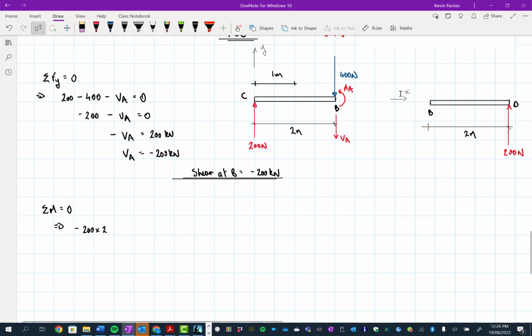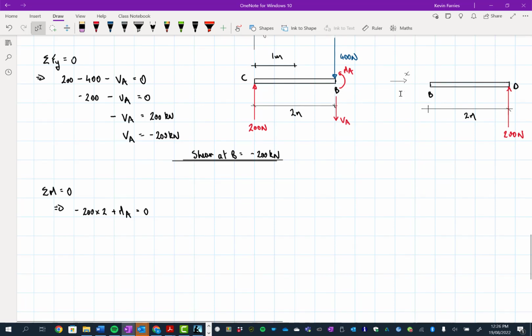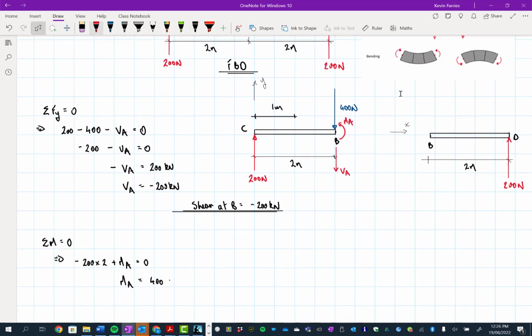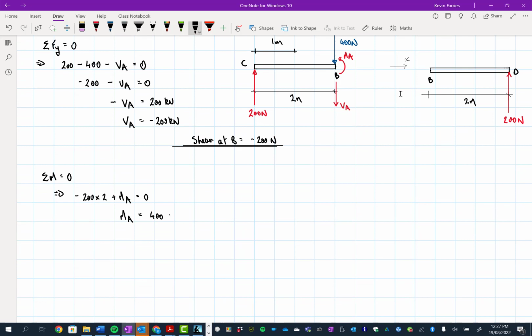It's going anti-clockwise, so it's positive. Plus MA equals 0. Therefore, MA, so it was already positive, take this one across, it's going to become positive, is 400. Did I do kilonewtons? Apologies, just looking back. So it's in newtons, told you, civil engineers are not used to using newtons. 400 Newton meters.